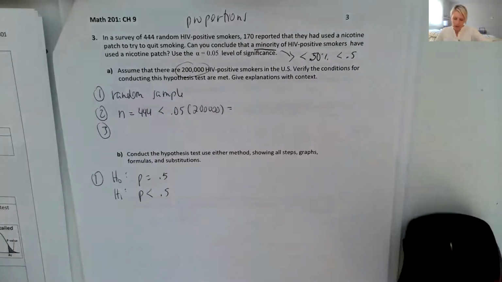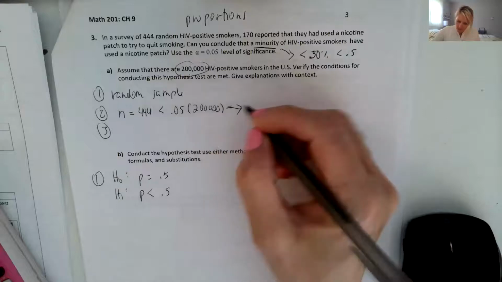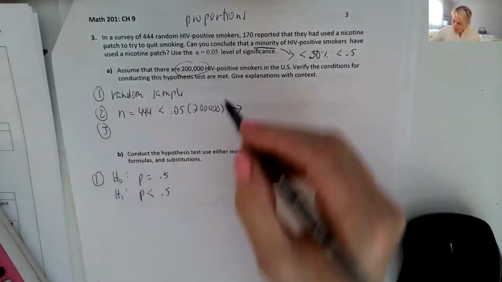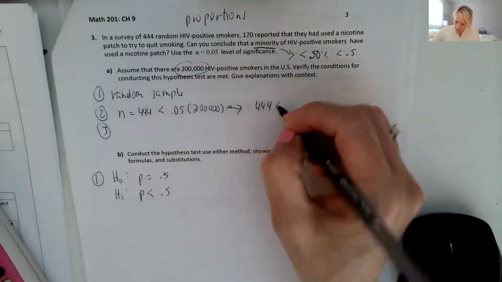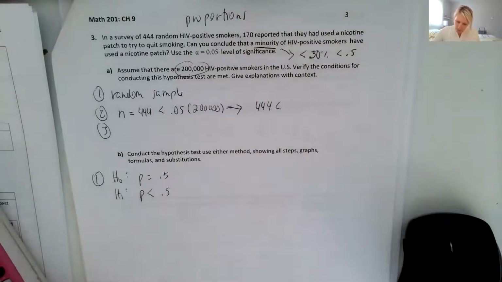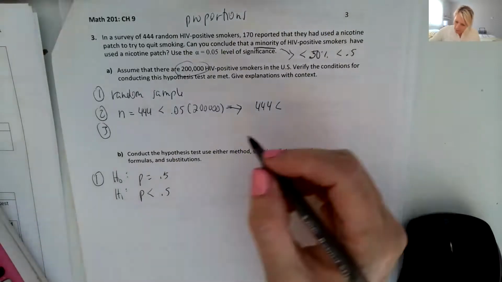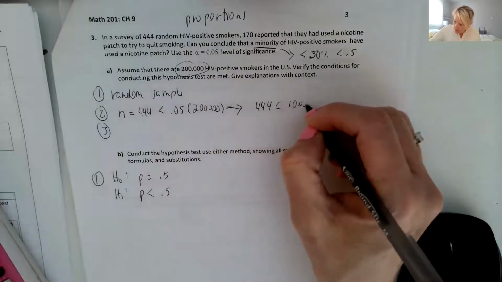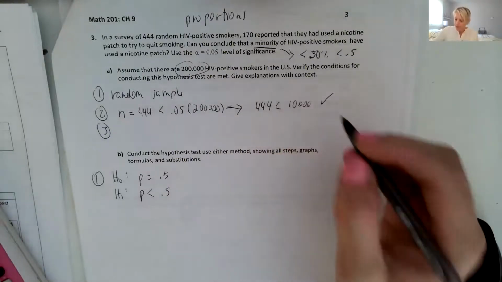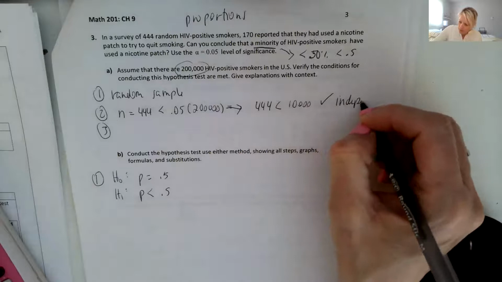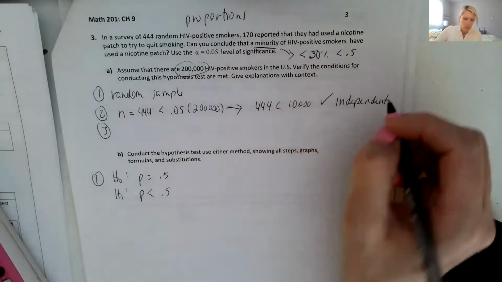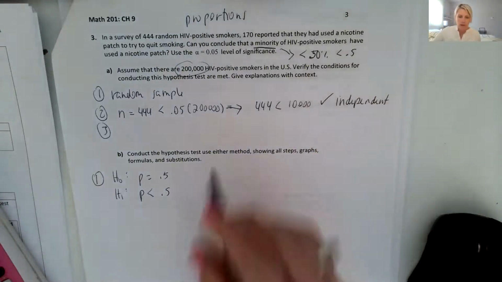And we can show that 444 is less than 0.05 times 200,000, which would be 10,000. So yes, we can show independence that way because we're not using replacement. So that's why we have to show this.